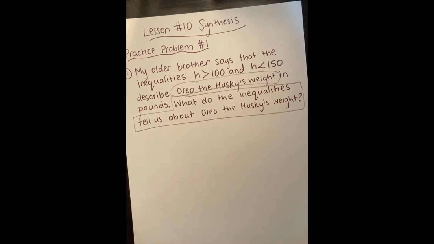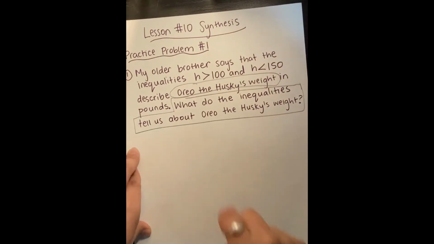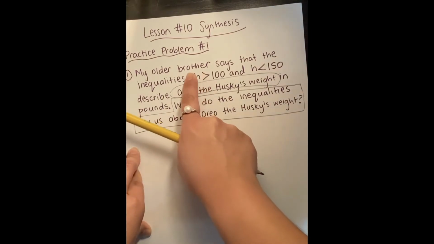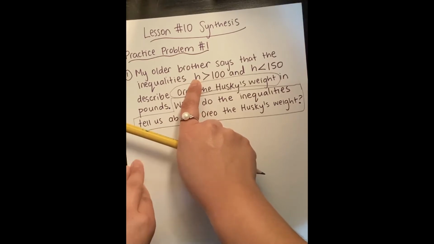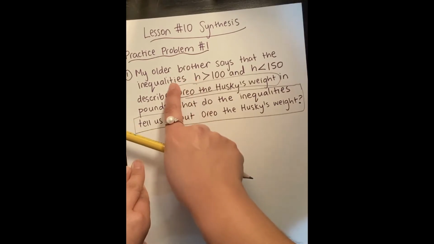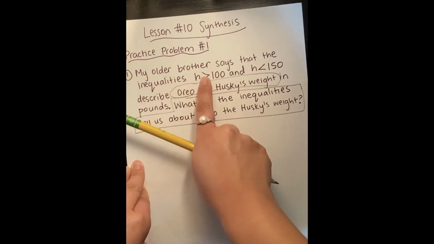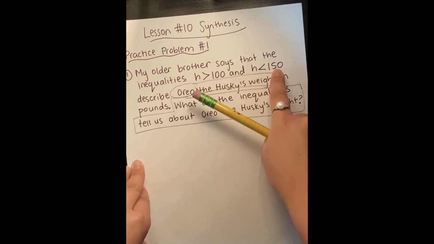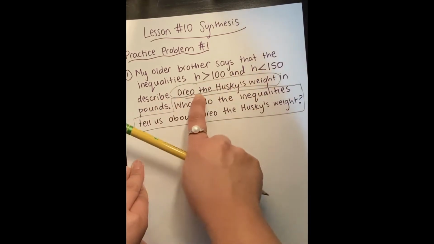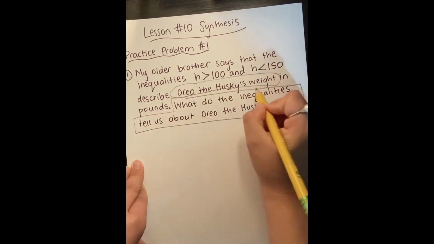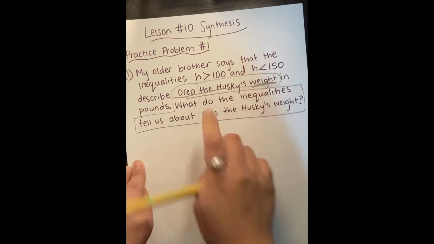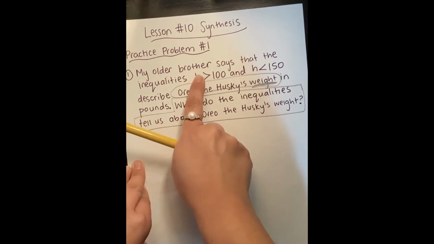So to help me start organizing the important information, I am going to start by first writing what this h represents. And in the problem, it says that the inequalities h is greater than 100 and h is less than 150 describe Oreo the Husky's weight in pounds. Oh, okay, so we are talking about weight.